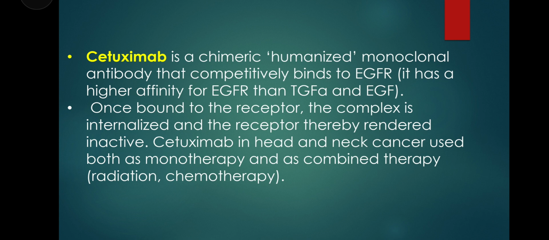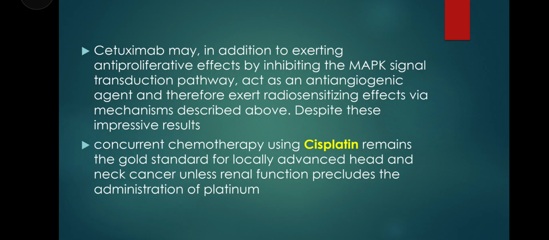Cetuximab in head and neck cancer is used both as monotherapy and as combined therapy. Cetuximab may, in addition to exerting anti-proliferative effects by inhibiting the MAPK signal transduction pathway, act as an anti-angiogenic agent and therefore exert radiosensitizing effects via the mechanism described above.